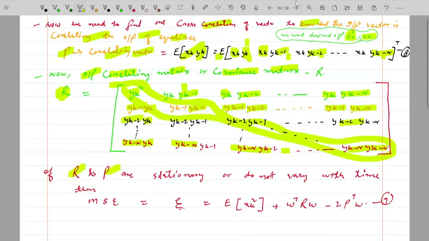And here R and P: R is the covariance matrix, P is the cross correlation vector.